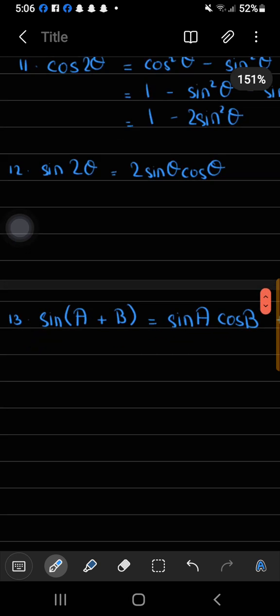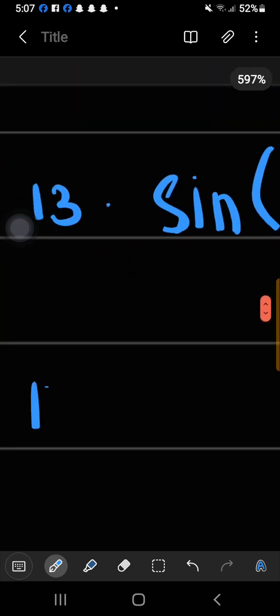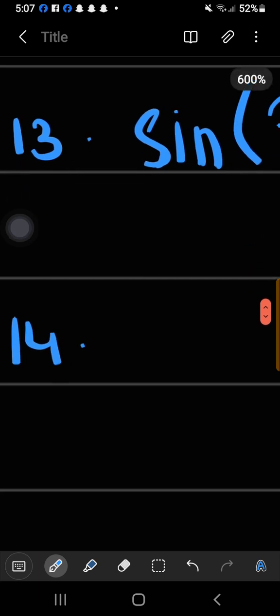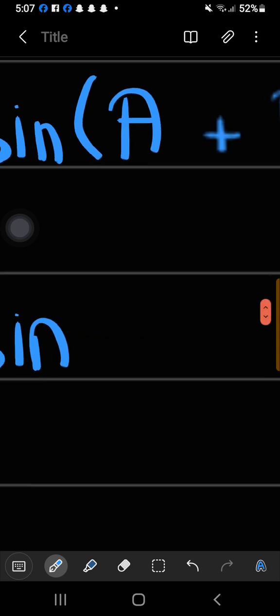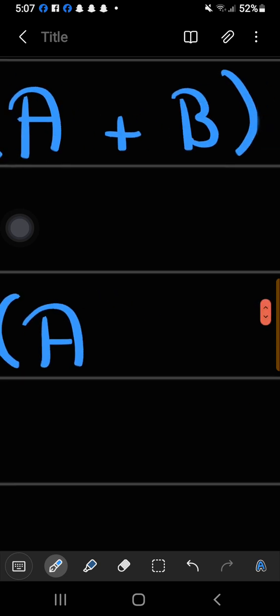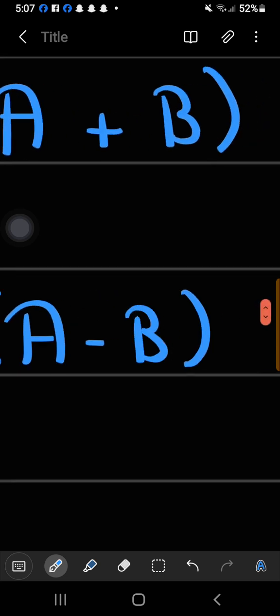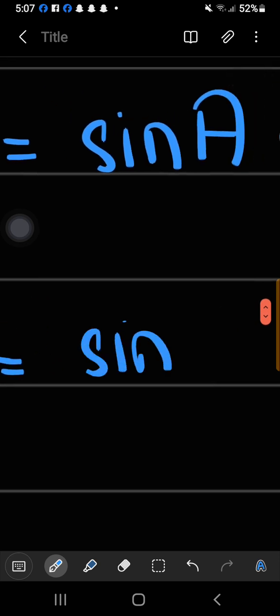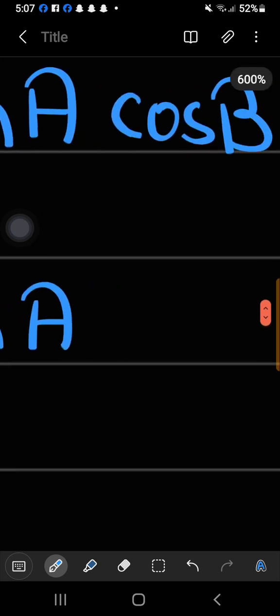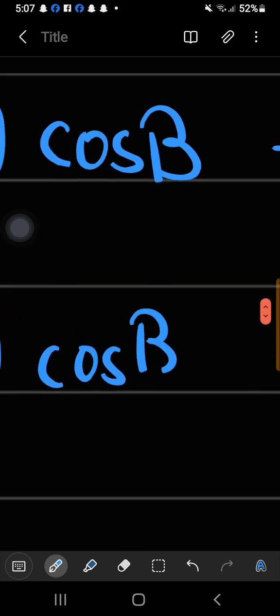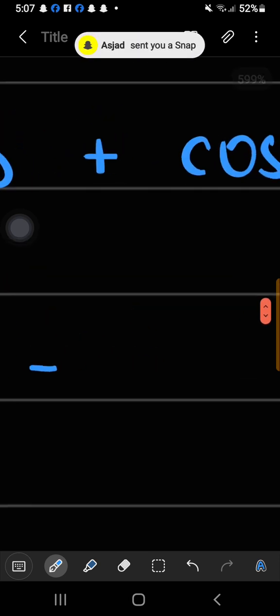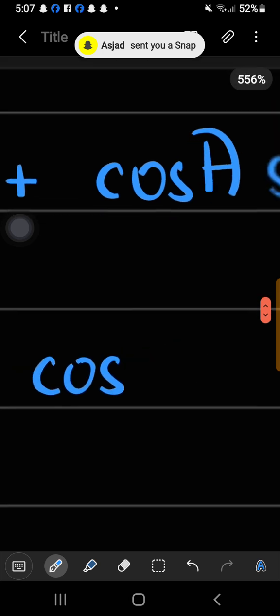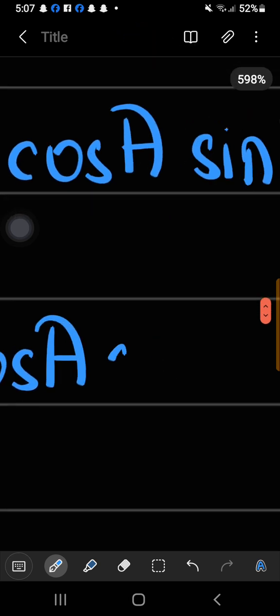And the 14th property is sine a minus b is equal to sine a cos b minus cos a sin b.